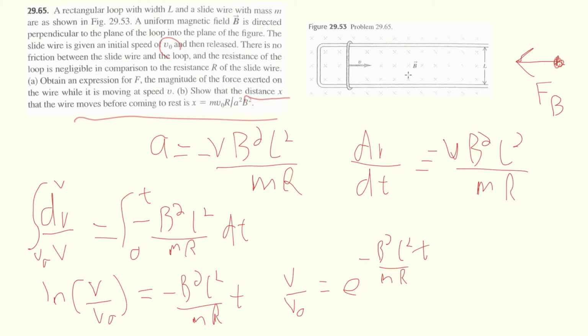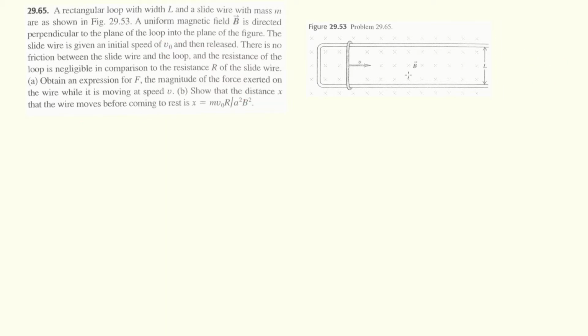Which means we're going to end up with V equals V naught e to the negative B squared L squared T over MR. And that makes sense. Like at t equals 0, we're going to get V naught. It's going to get smaller as it goes. And then when t is very, very big, V is going to be 0.